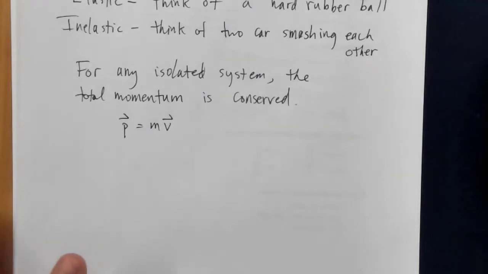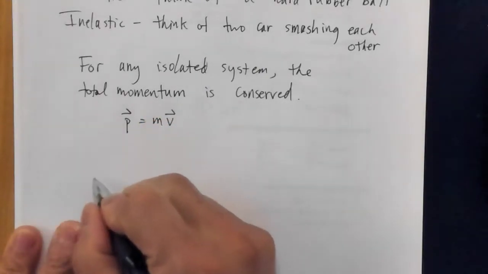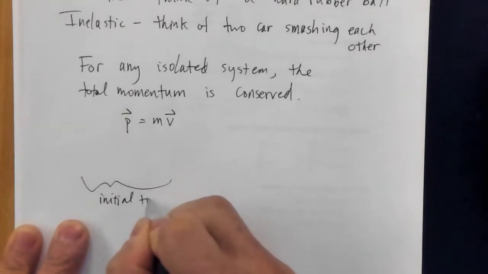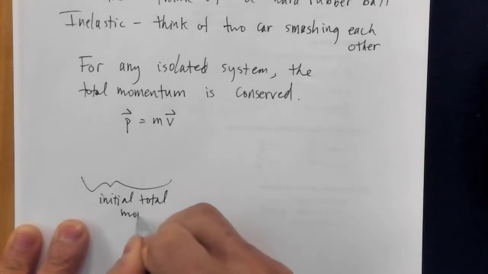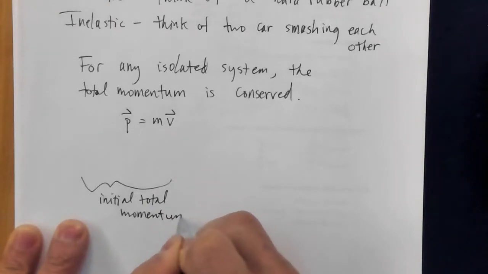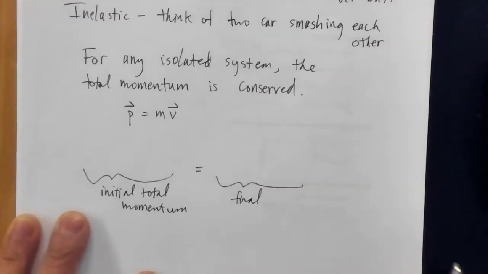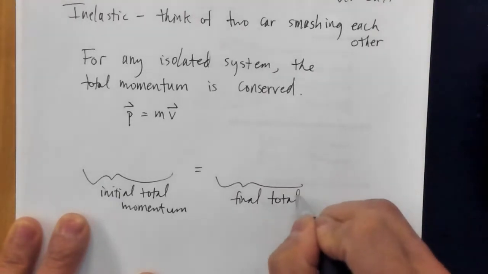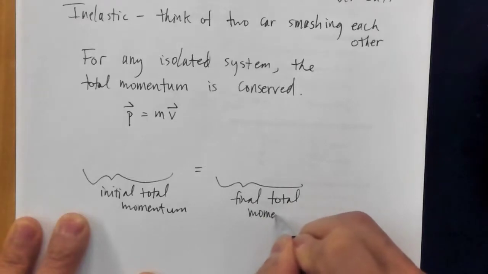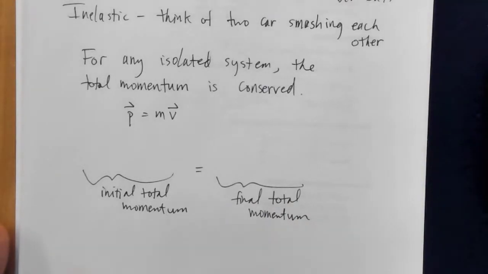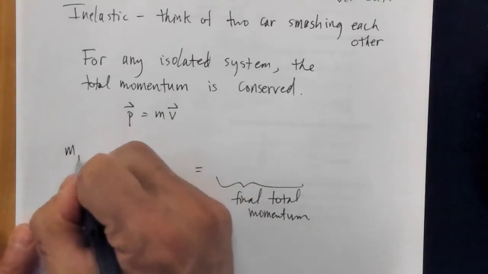So when I talk about the initial total momentum, it must equal the final total momentum. And the pieces we have are, let's say, mass 1.